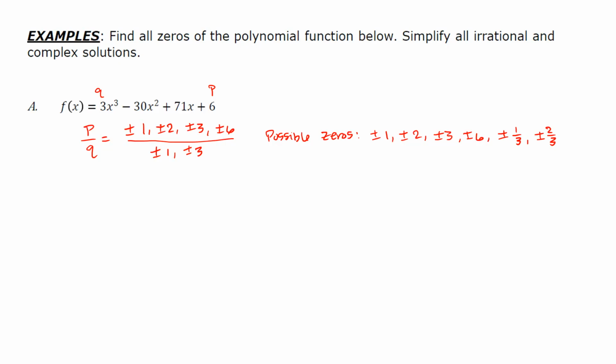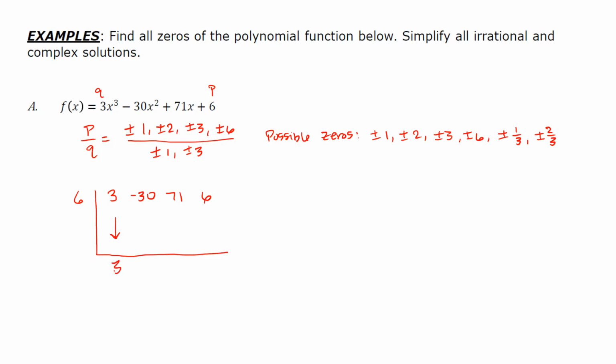So we will enter this into our calculator, and we will try and find an actual zero by using the second table. And you would see that 6 is one of those actual zeros. So let's set up our synthetic division to get our function in vector form. So 3, negative 30, 71, and 6.